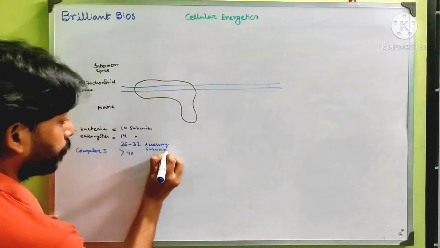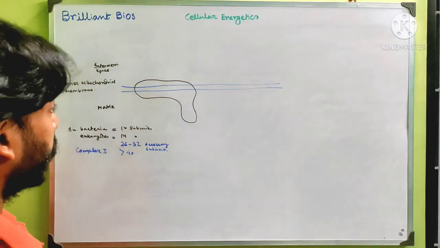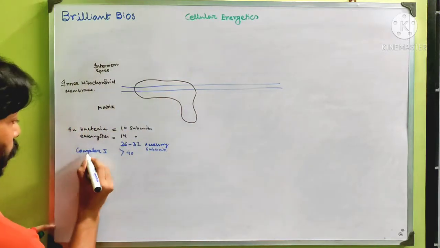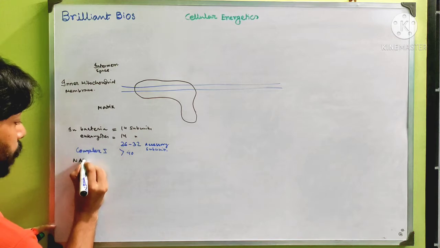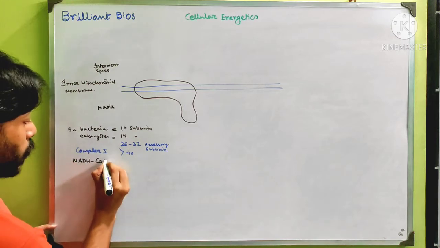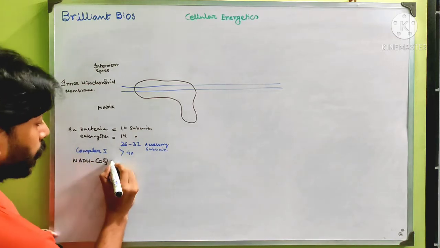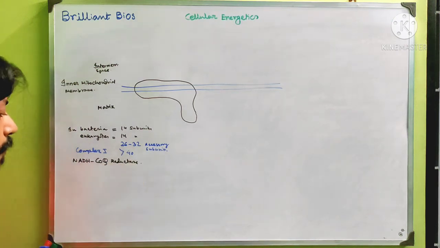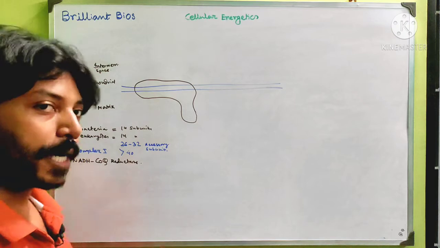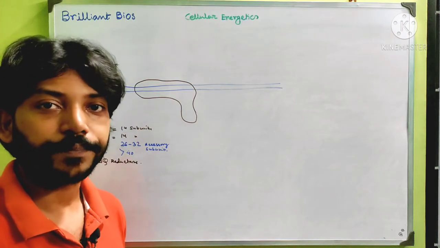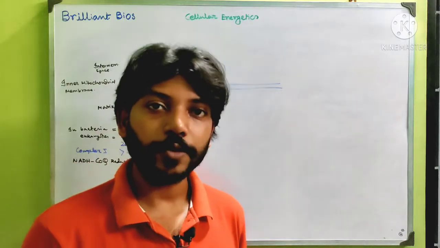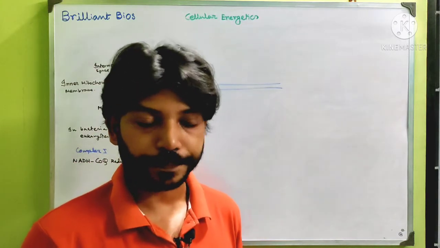You have to understand this. Now the name of this complex 1 is NADH CoQ, meaning ubiquinone reductase. I have mentioned in my previous classes that NADH is a high energy electron carrier that carries one pair of electrons.